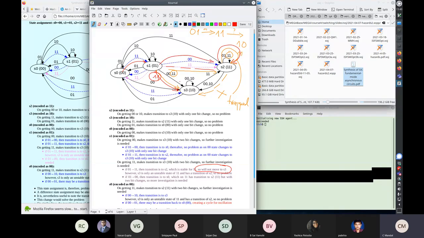So again it doesn't come here, instead it is going somewhere else. Or if it doesn't change to 0 1, it could change to 1 0. So in that case, let us say it can come here.